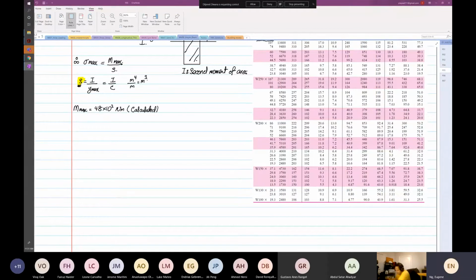And then we are given that stress max, for this case, is 160 times 10 to the power 6.